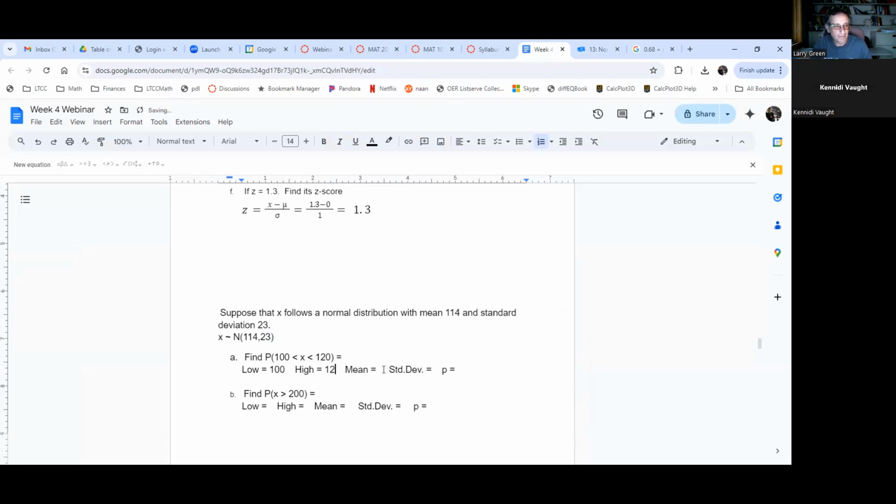Yeah, 120. What's the mean? Yeah, 114. What's the standard deviation? 23. And guess what? We're supposed to leave one blank. That's good because we want P. So 100, 120, 114, 23.